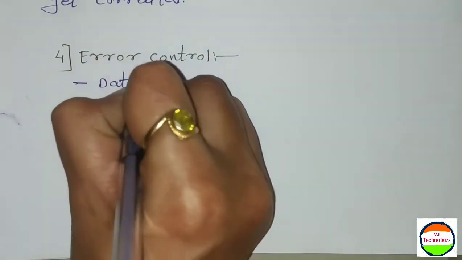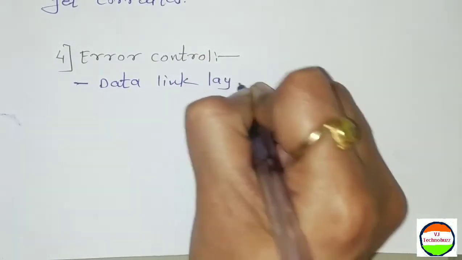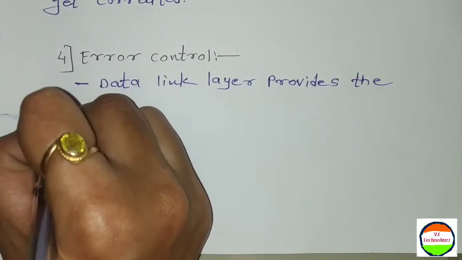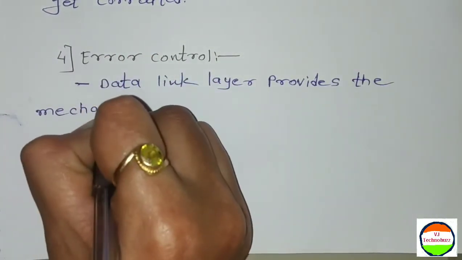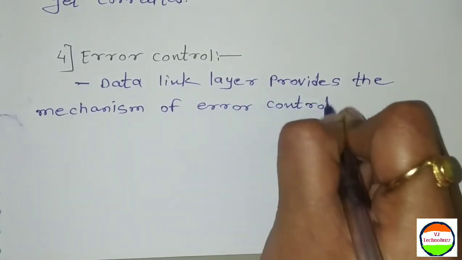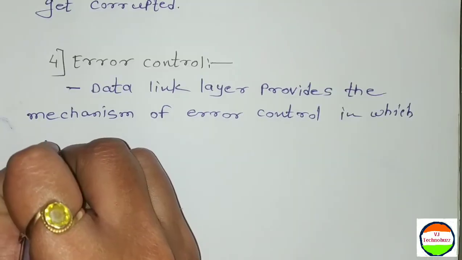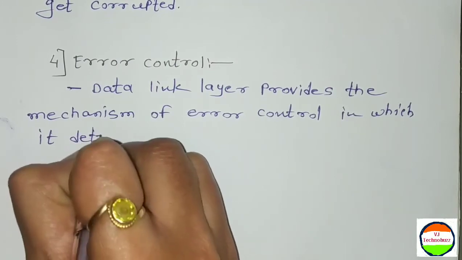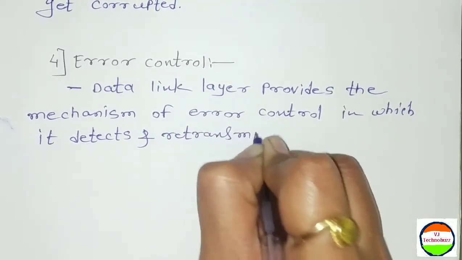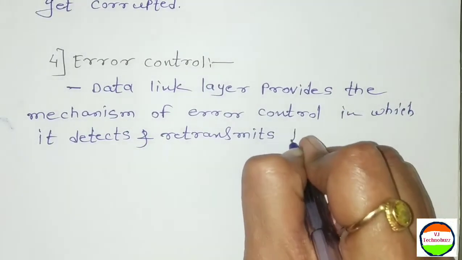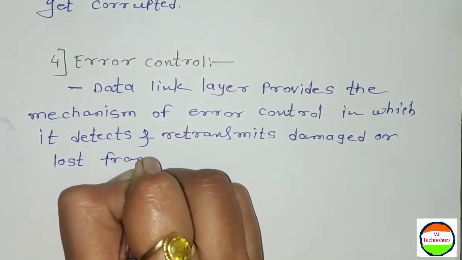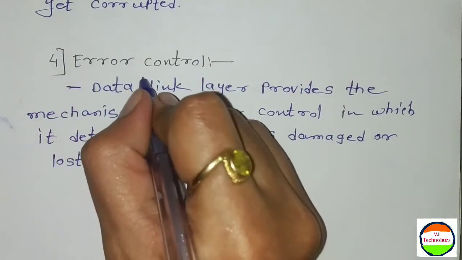The fourth function of the data link layer is error control.